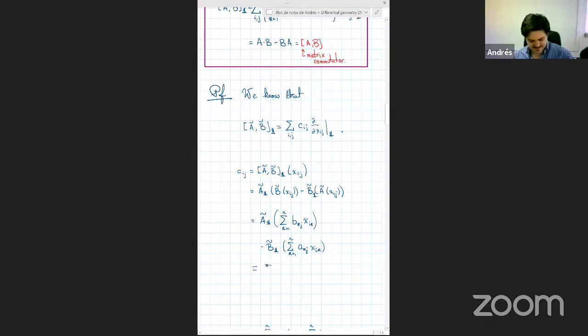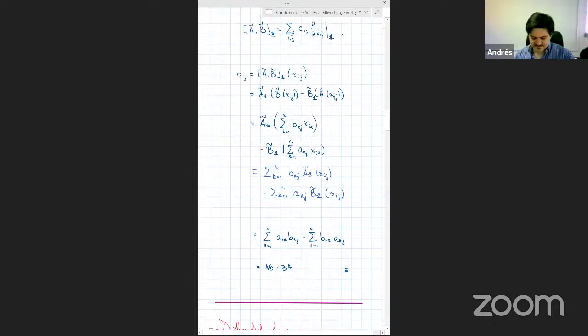So this will be the sum. The vector field applied to is linear, and then the constant goes out. Like this, and then minus the other sum. The vector field applied to this function. Okay, now what else?